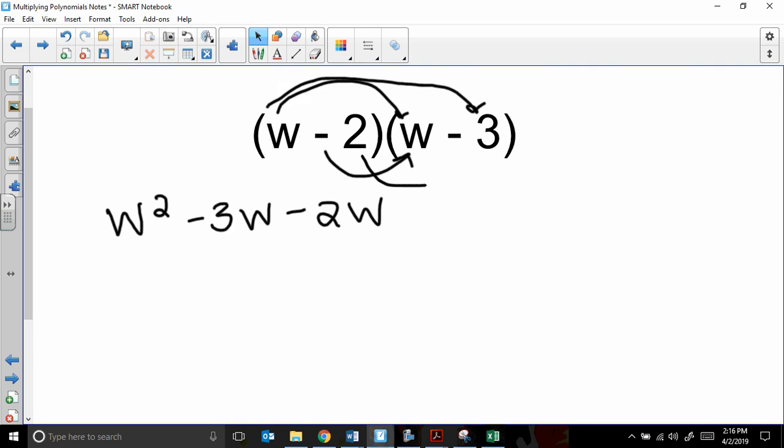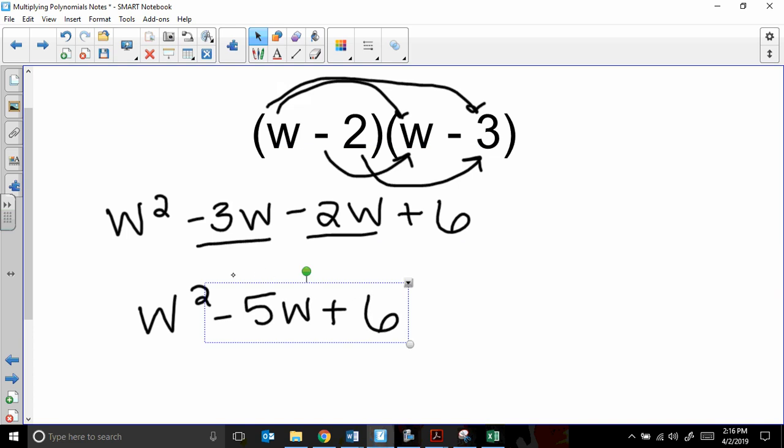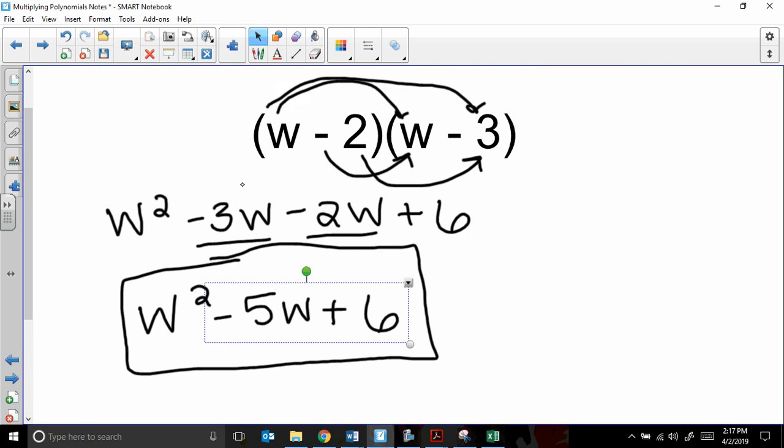And then we're going to do negative 2 times negative 3, which is a positive 6. Now, we still combine like terms. So w squared, negative 3w minus 2w is a negative 5w plus 6. And now your terms are combined, and here's your answer. If you chose to do the box method, you'll still get the same answer.